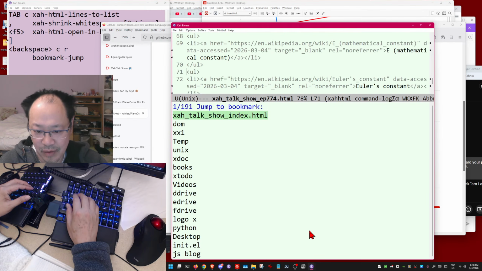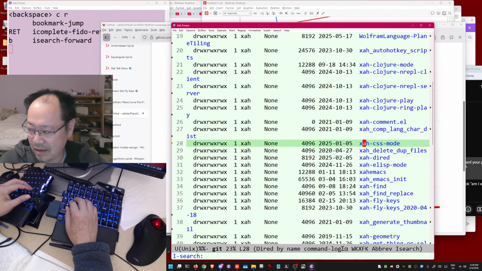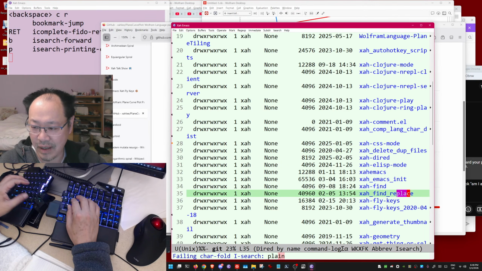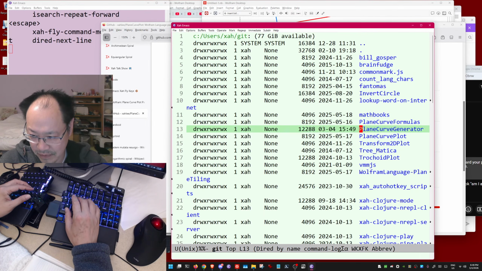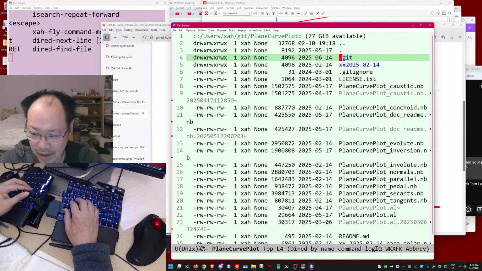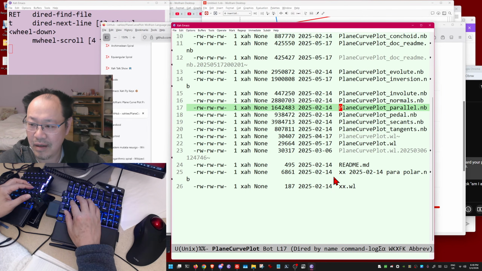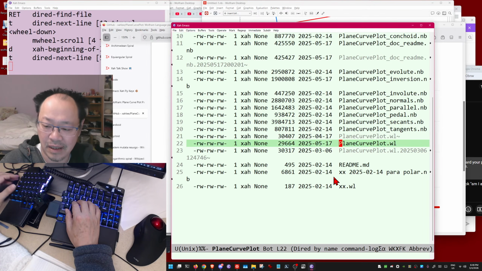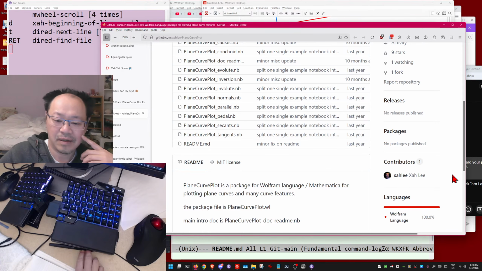So let's go to the Git directory and plane curve plot. So here is the package, but wow, I didn't include any images. Amazing.